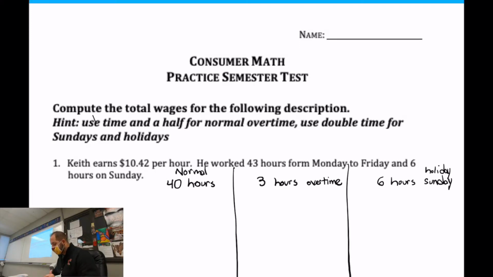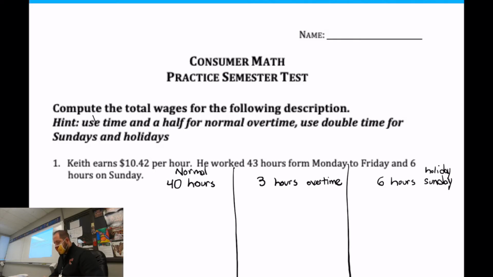You make your 3 columns. But does everyone understand how I broke up that 43? Now, if you didn't get to 40 hours, then you didn't work overtime, so you wouldn't have the middle column. That's only if you worked past 40 hours. You could work Tuesday through Saturday, maybe not even get 40 hours, so that wouldn't be overtime.